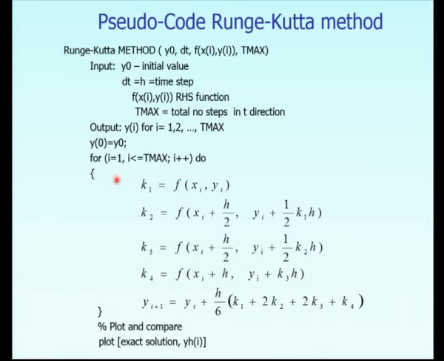For i equal to 1 up to the maximum number of iteration time steps, i plus plus, you compute k1, k2, k3 and k4. Then the present value, the approximate solution value of y at the present step, can be expressed as the previous value plus weighted averages.